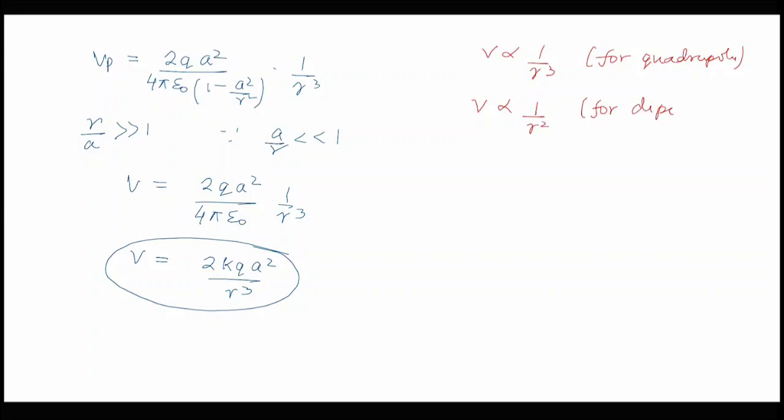And for a monopole, the potential is inversely proportional to r. This is the inference we obtain from the expressions of quadrupole, dipole and monopole respectively.